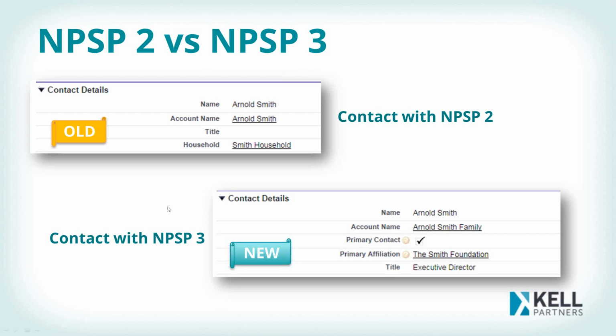That hybrid model is the big challenge. So if you've got a contact that you currently already have in the Nonprofit Starter Pack, where John Smith works at Smith Family Foundation and his account is Smith Family Foundation, that model is still supported in Nonprofit Starter Pack 3. Nothing prevents you from doing that.